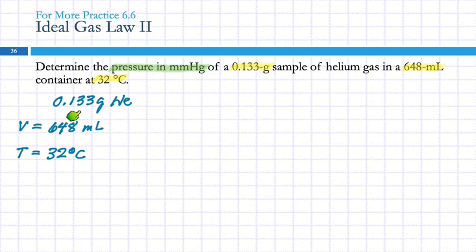And this is related to the amount of gas in moles. Can we convert grams to moles? Yes, we can. So we just need to use the molar mass of helium. 0.133 divided by 4.003.